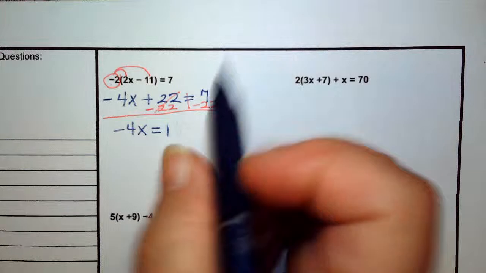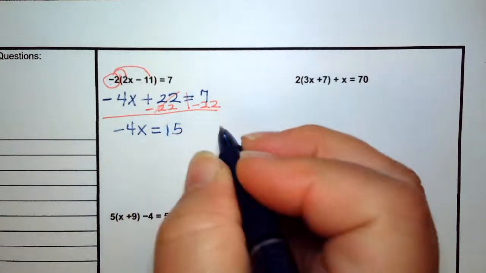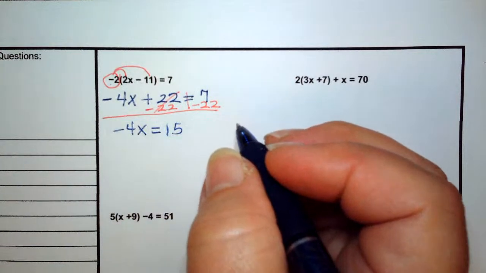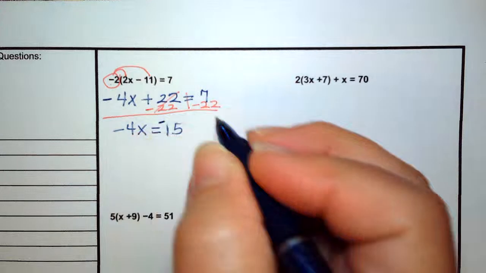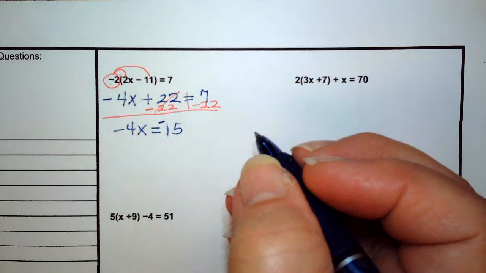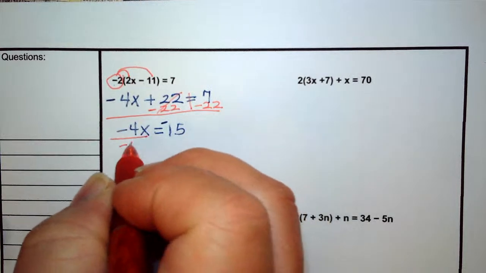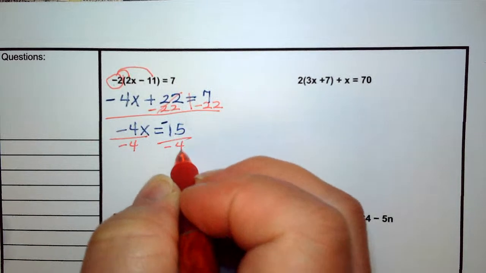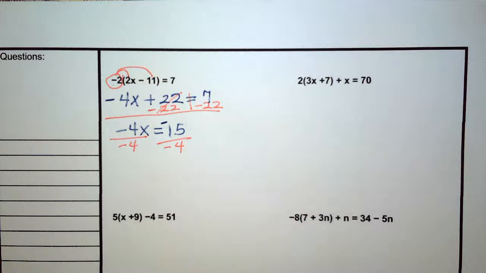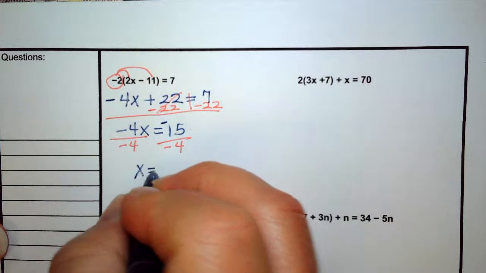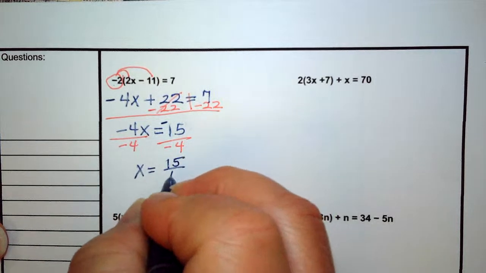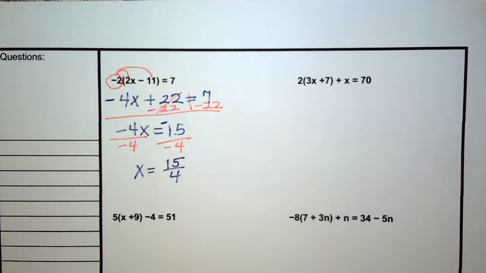Okay, 12 minus 7 would be 5, so this is going to be 15. And it will be a negative 15. So, last step is to divide by negative 4. Negative divided by negative is a positive, and x is equal to 15/4. I cannot simplify that, so it will be left as 15/4.